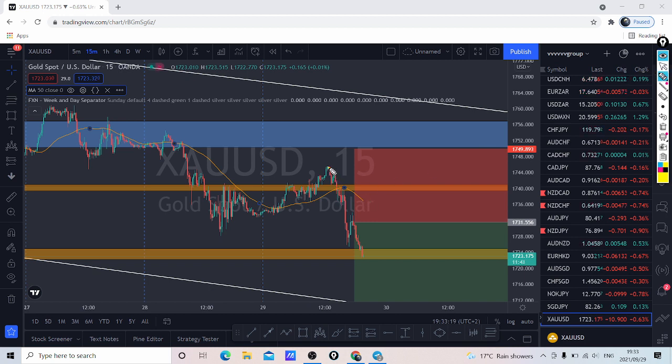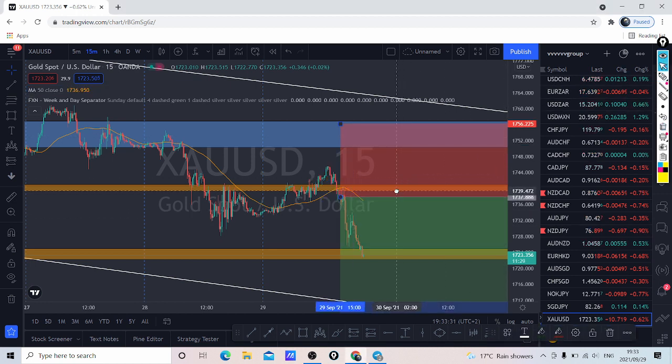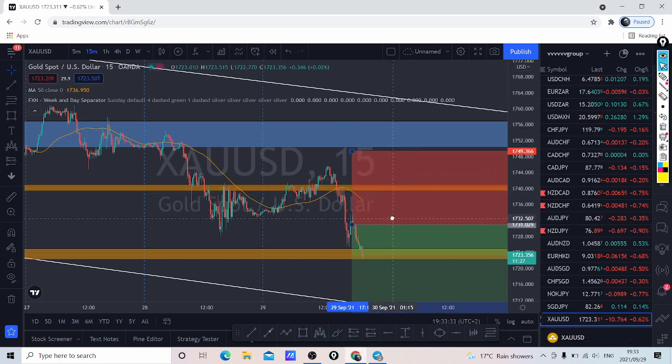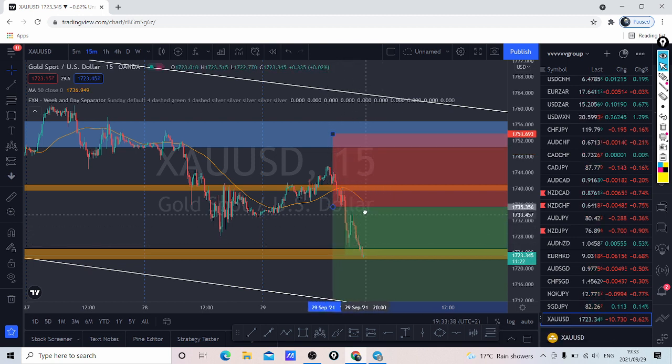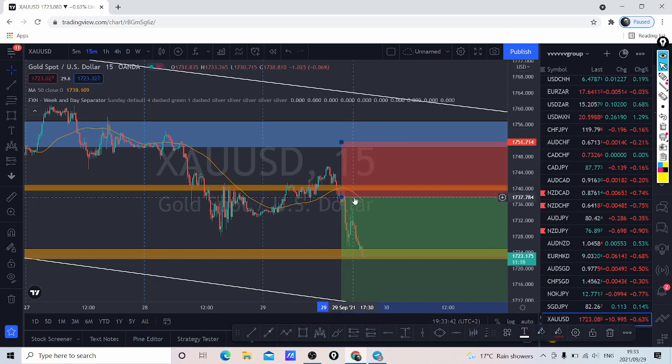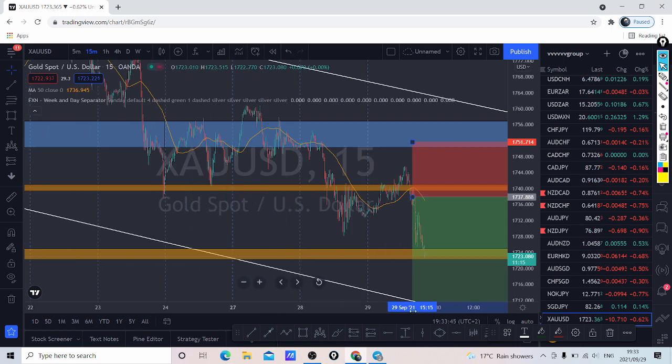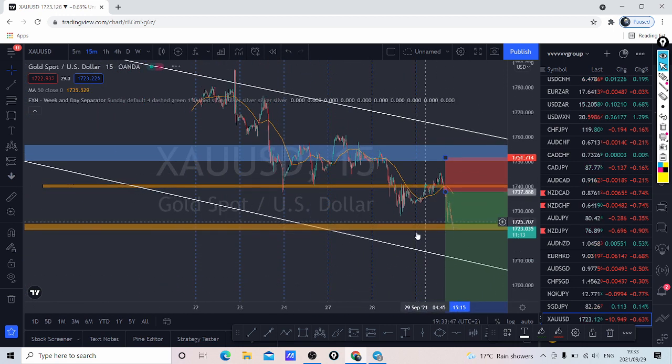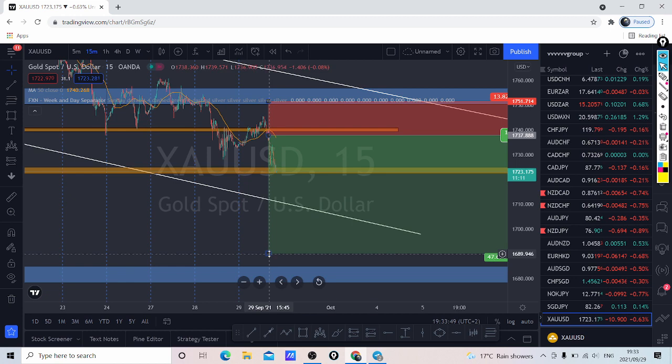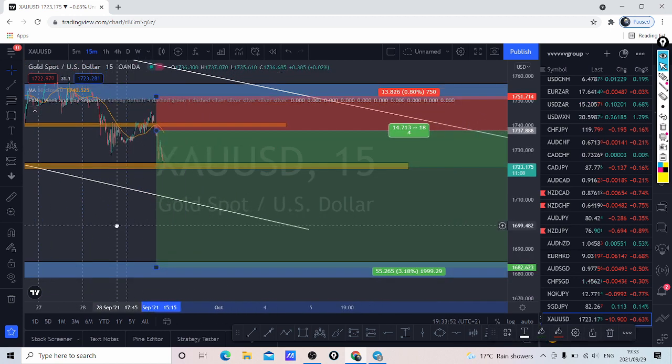So I was supposed to wait for something like a rejection, and then if the market trades below the moving average, I was supposed to sell there. I was supposed to take my sells here, not here. So this is an aggressive entry now. I was supposed to enter here and put a stop loss here. It could have been a very nice risk reward, let's see, 4R.